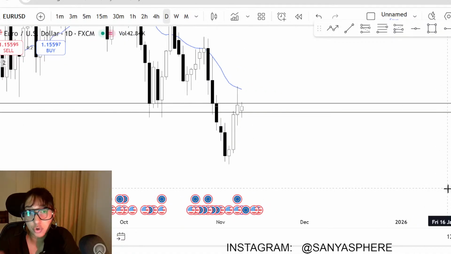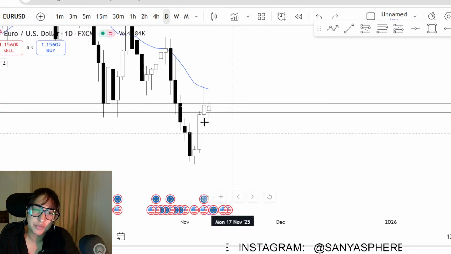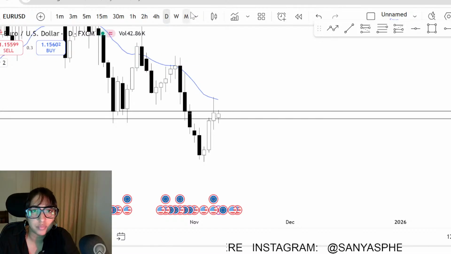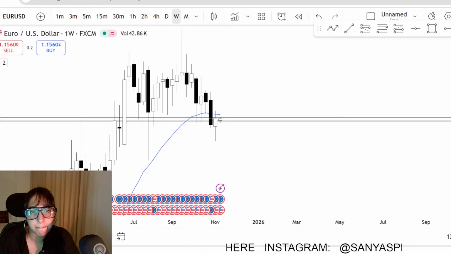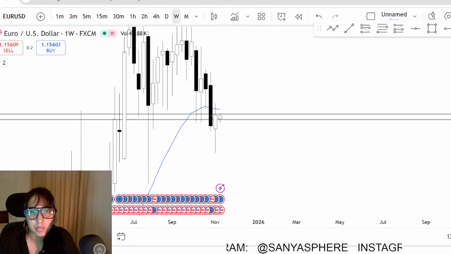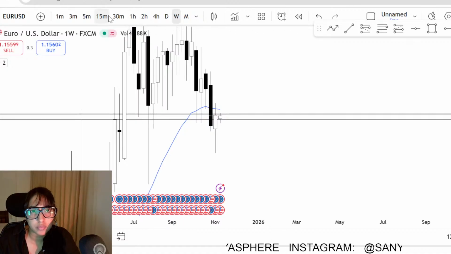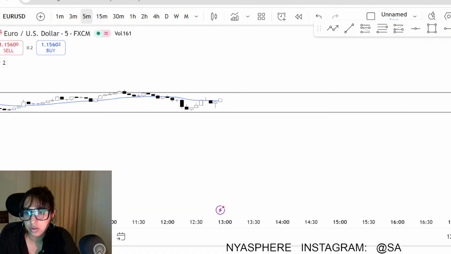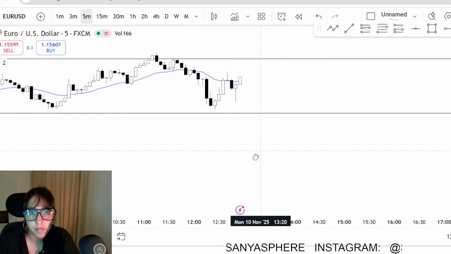It could be a consolidation day for me. But let's see, if we break above this range, then we can expect some move. First, we need a good market structure on the 5 minute time frame.